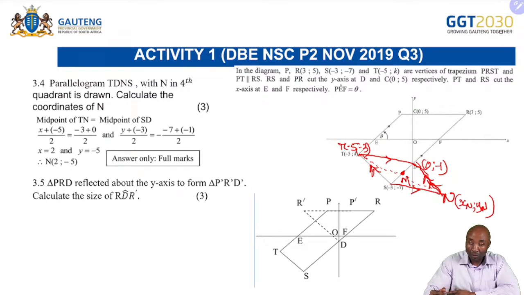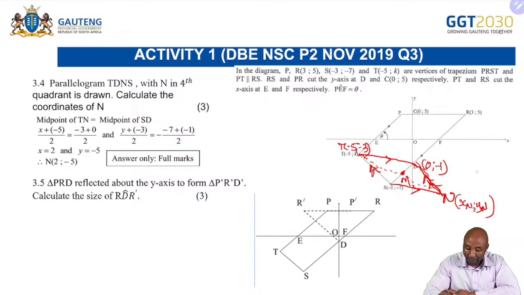I'm able to get my solution using the midpoint for the x values. I'll add -3 and 0, divide by 2. It gives me -3/2. I equate this to xn plus -5, over 2, and I'll get my x at n as +2.